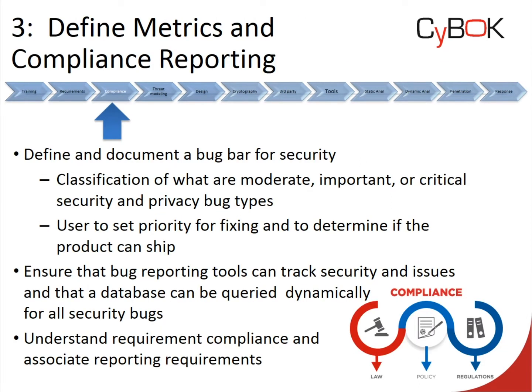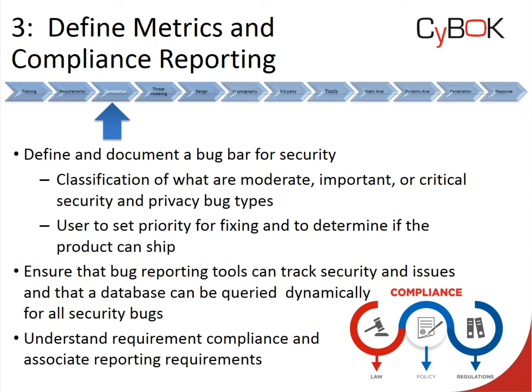Next process in the Microsoft is defining metrics and compliance reporting. And so with that, like Lord Kelvin says, if you can't measure it, you can't improve it. So it's really a good idea to have some measurements around security and how you're doing. Microsoft calls this a bug bar. So the bug bar is really saying, how many vulnerabilities can we be working on at the same time?